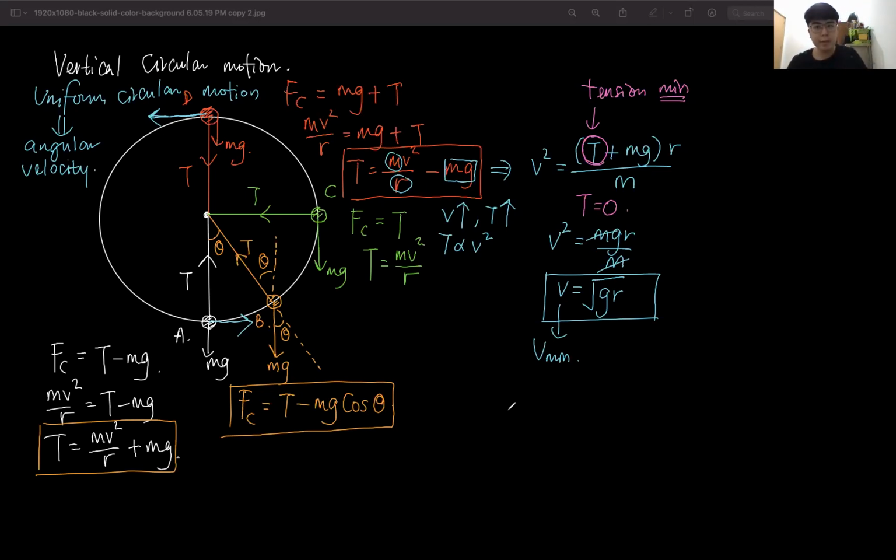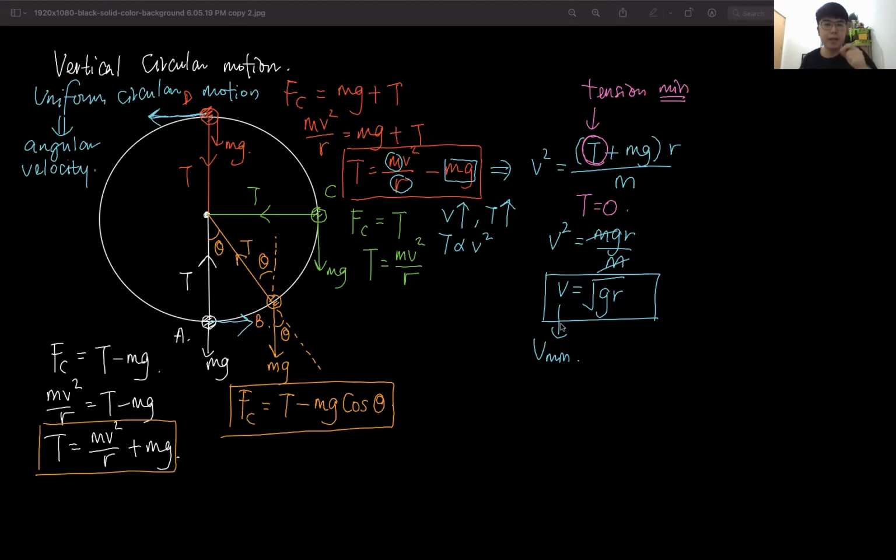Now, at the top, the tension is not always 0, depending on how fast the object is moving. If the object is moving at this v, then the tension is 0. The tension does not necessarily have to be 0 at the top. Sometimes it has a value, depending on the velocity of the object up there.